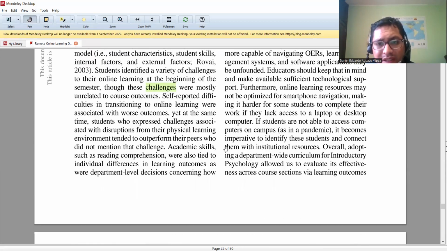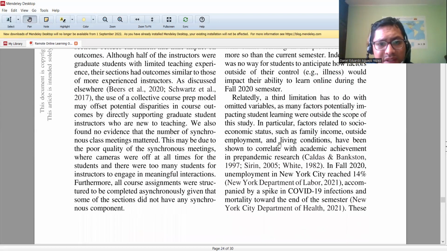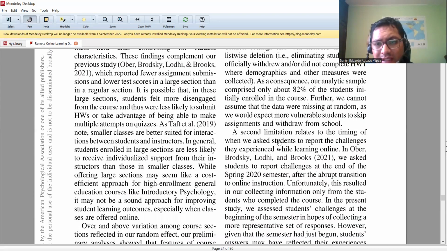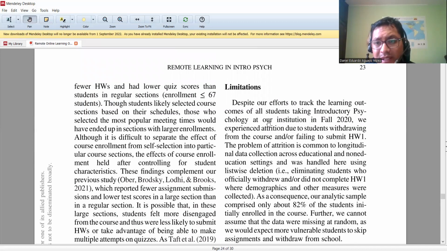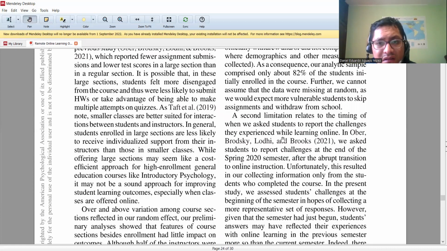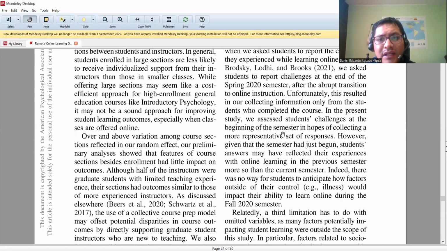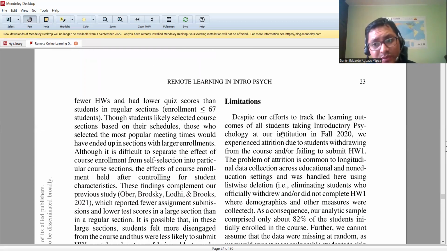I was forgetting something. Sometimes in the conclusions and sometimes in the discussions, you can find a little bit about limitations. But in this paper, limitations come before the conclusion, as you may see. The limitations are important because they give us information about the scope.